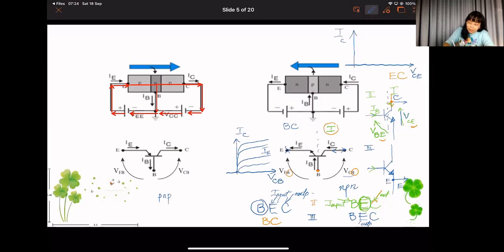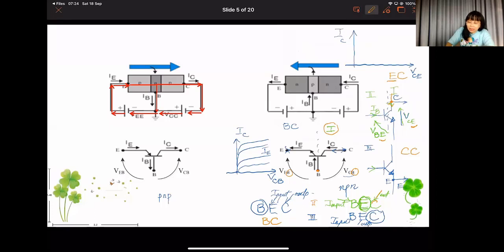Emitter, and input base. And of course, we have the general point. This is the collector. In this case, we have the CC, common collector.